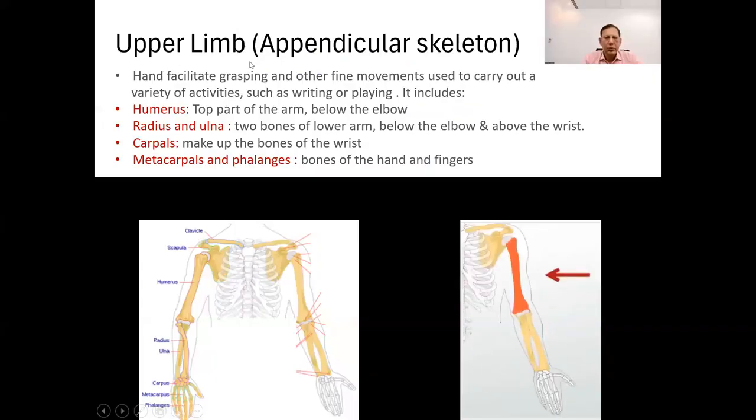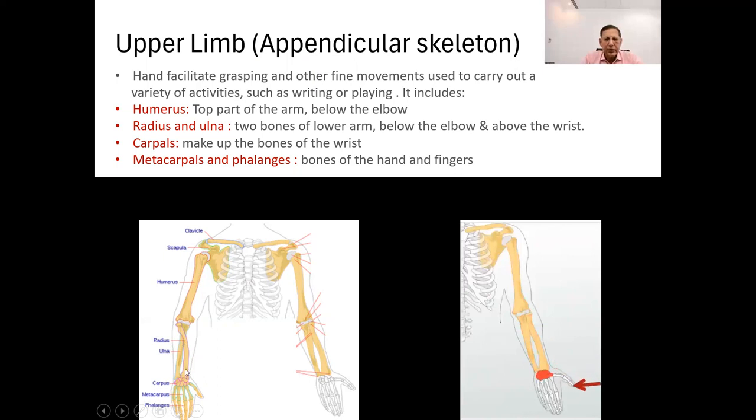on the upper limb bones, which are included in the appendicular skeletal system, the humerus is the longest bone of the arm, which extends from the shoulder to the elbow.